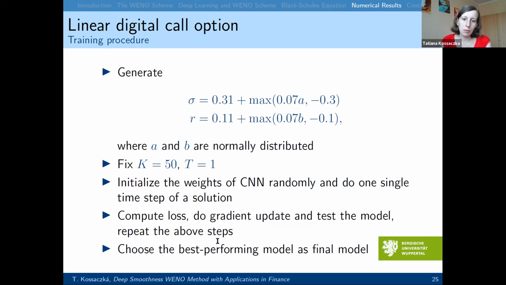By repeating the above steps, I mean that we pick another sigma and another r. So we show the neural network many different problems, so it can learn to generalize very well. Then we choose the best performing model as the final model. Here we stop, and we say this is our enhanced numerical scheme, which can then be used for any type of parabolic equation with any type of parameters.